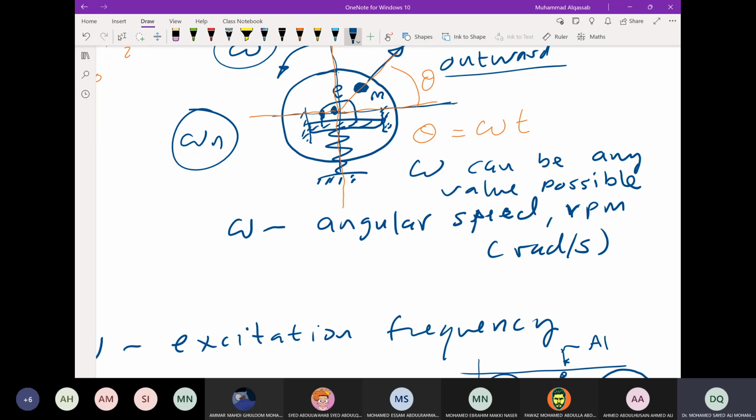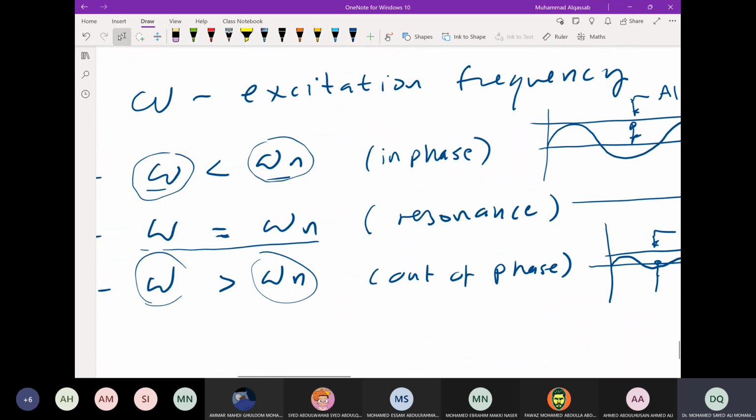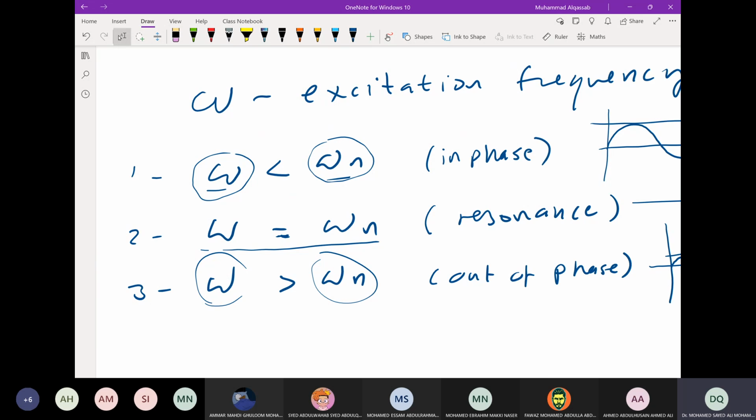It is under fatigue, but when the displacement is very high, it means it will break quickly. So the most dangerous case for a system is when it is oscillating at omega equal to omega n or very close to omega n, which is called resonance.